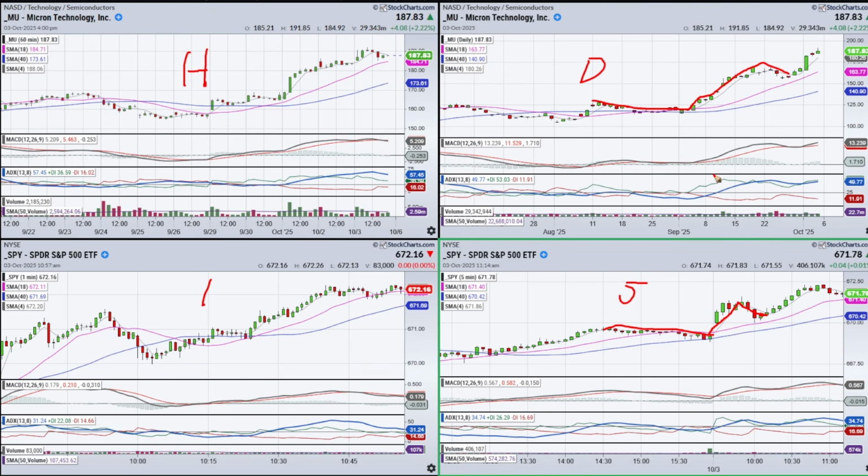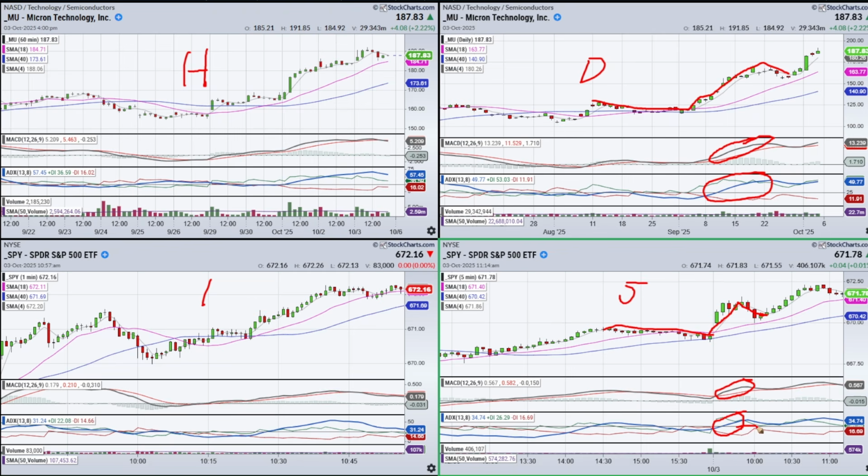If we look at what's taken place in the MACD in both situations on this move to the upside, we had a really strong confirmation of upside momentum. And then on ADX, we got a very strong reading to the upside on both.